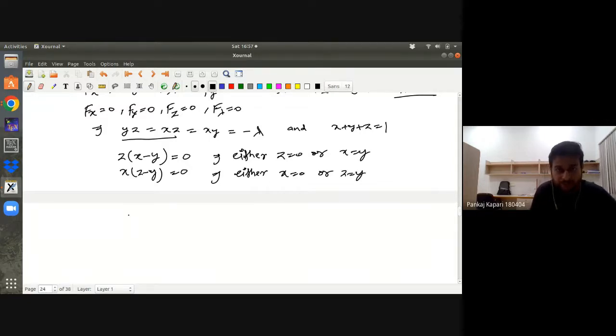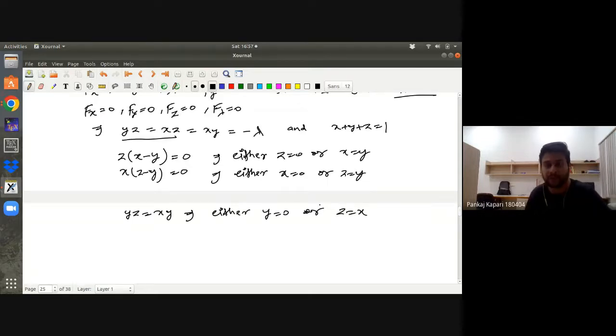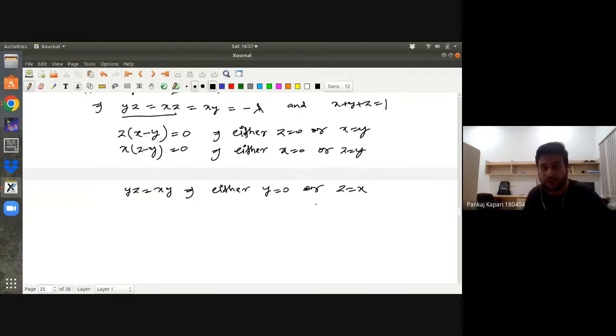Similarly, yz equals xy implies either y is equal to 0 or z is equal to x. Now we have to find the critical values subject to the condition that x plus y plus z is equal to 1.